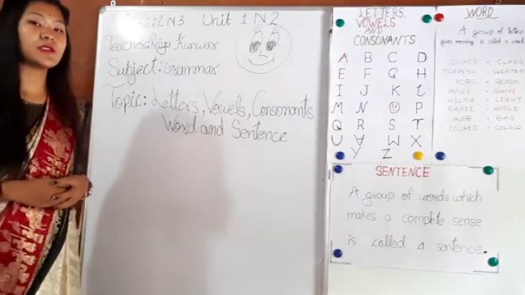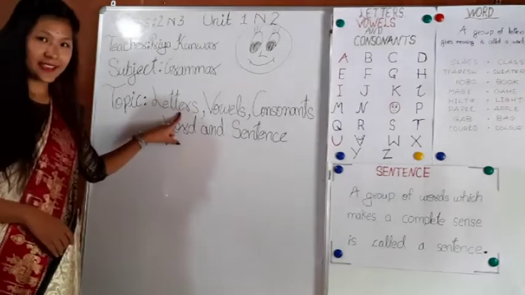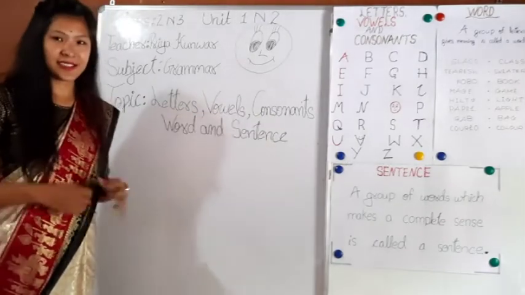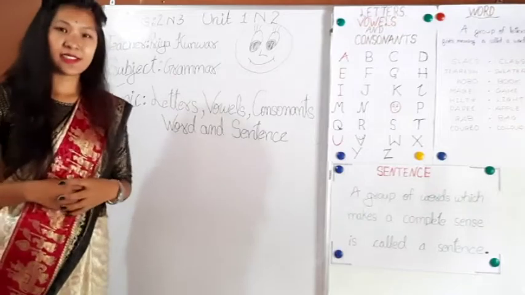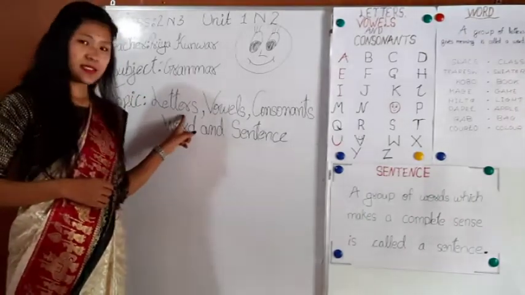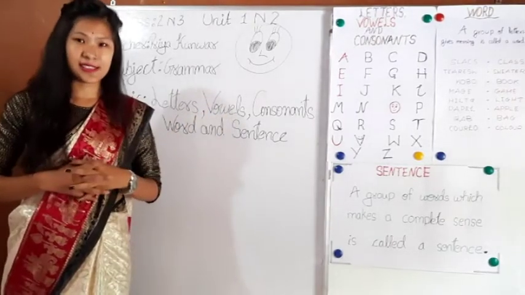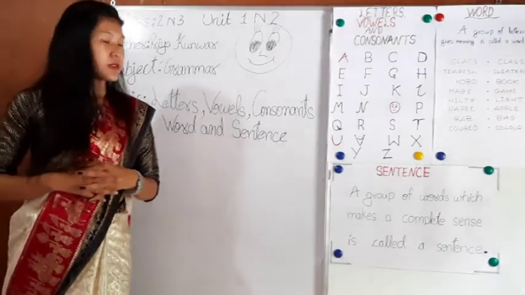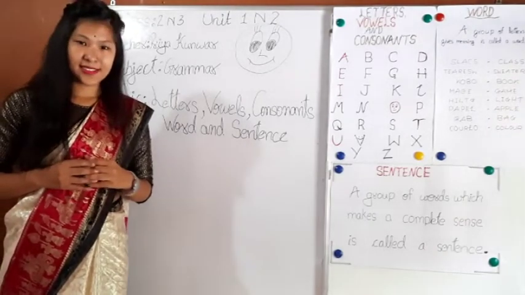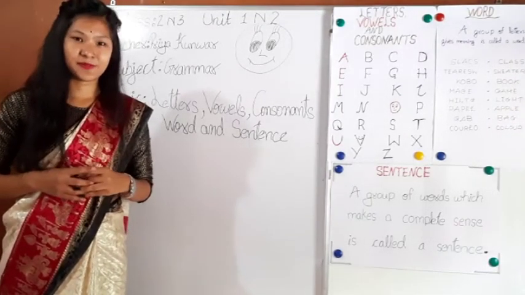So our first topics are letters, vowels and consonants. Students, we already have learned about letters in our lower classes. There are 26 letters in the English alphabet.